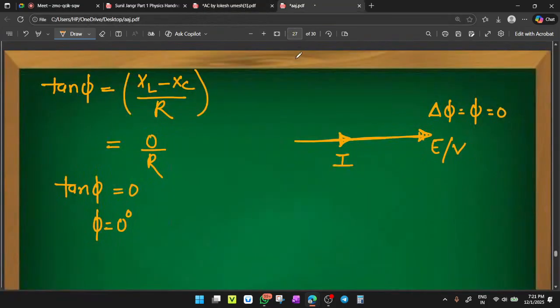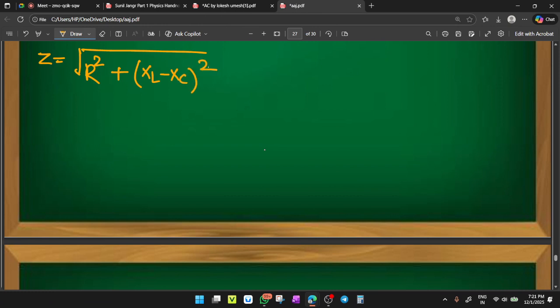Second case. In the phasor diagram you have seen the voltage for the inductor, VL equals I into XL. As I is constant in the circuit, the magnitude of XL will decide whether VL or VC will be more.